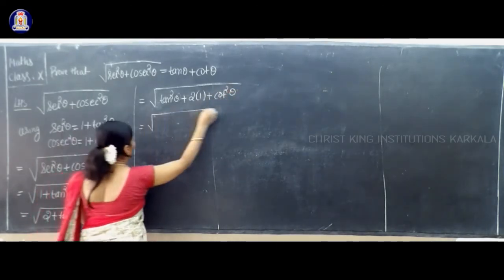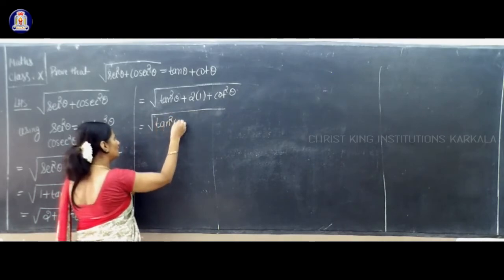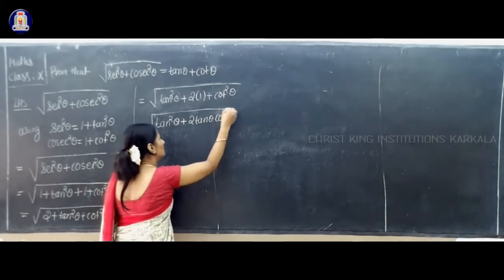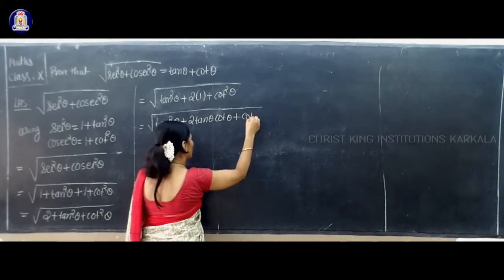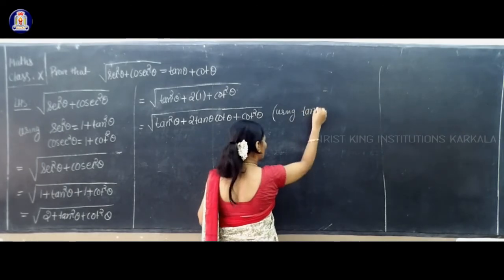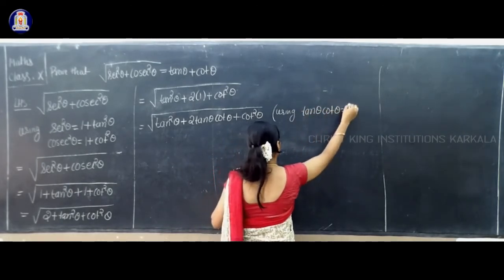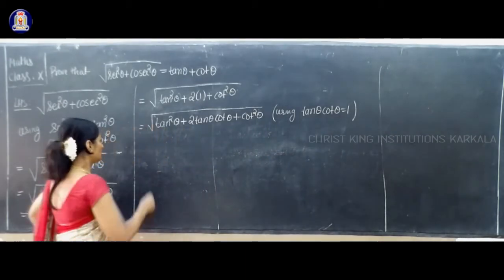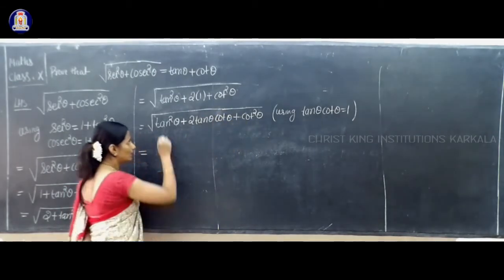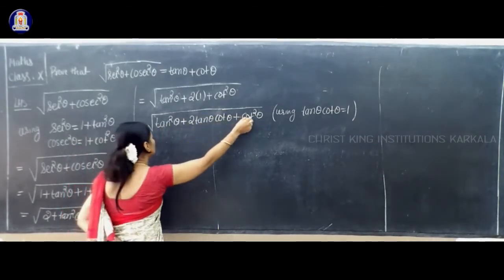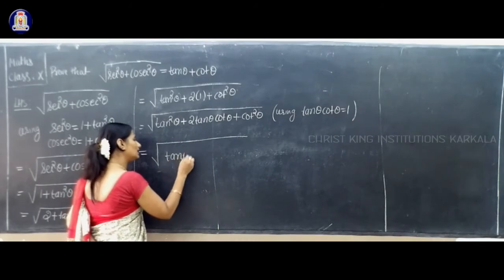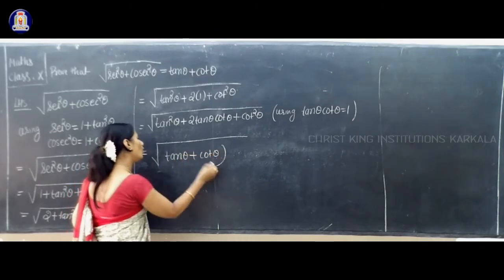So that is equal to square root of tan square theta plus 2 tan theta into cot theta plus cot square theta, because we use the formula tan theta into cot theta equal to 1. So now it is in the form of a square plus 2ab plus b square, which is equal to a plus b whole square. That means tan theta plus cot theta whole square.